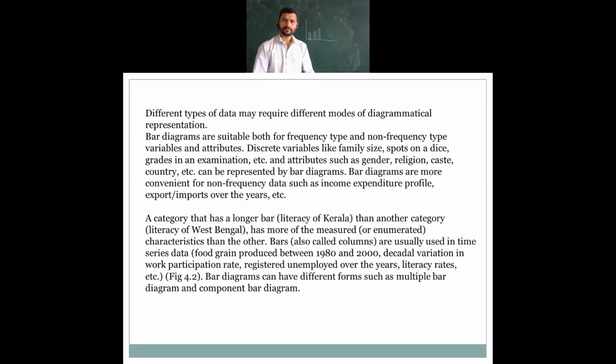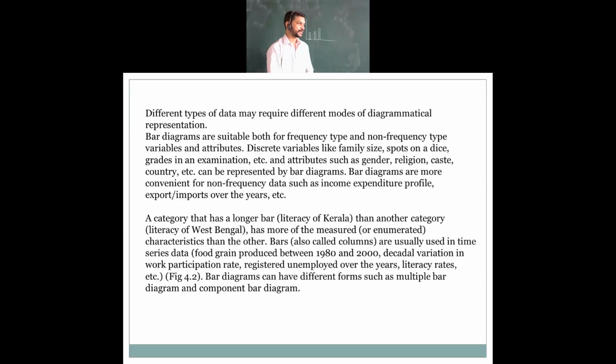Many pieces of information are there. On the basis of the information we have organized, we will have different types of diagrammatic presentation. That is exactly what we need to know here. Then, a category that has a longer bar, that is the literacy rate, we are going to see in the next slide.